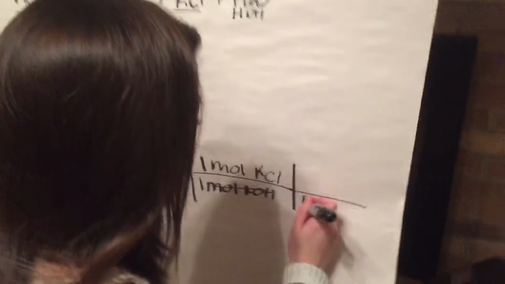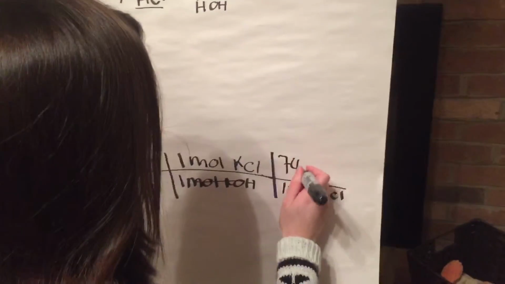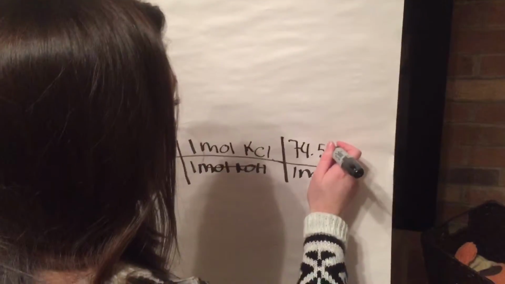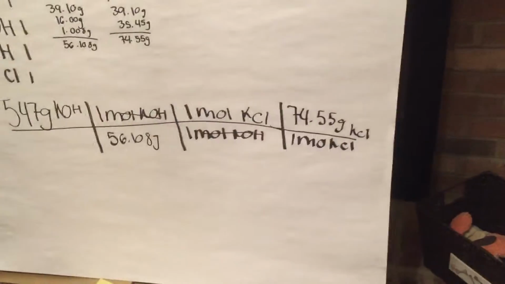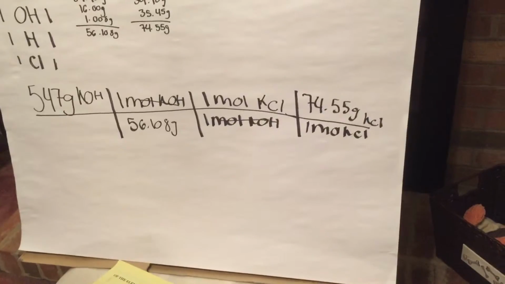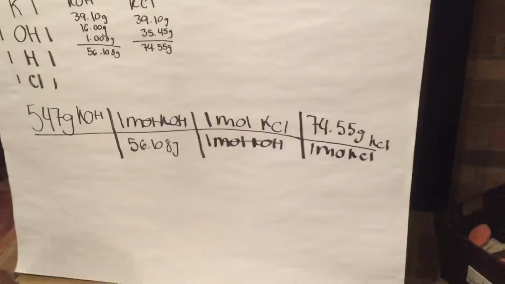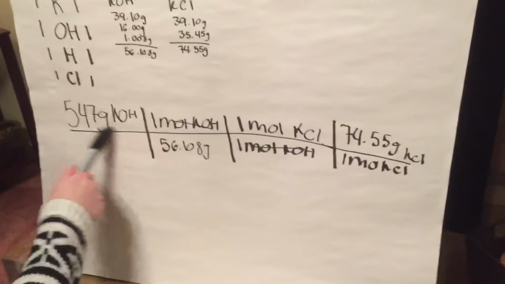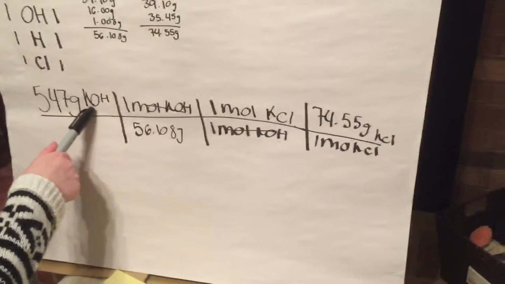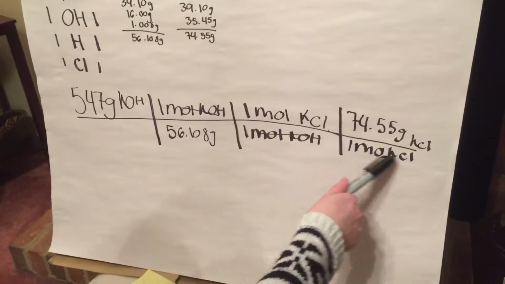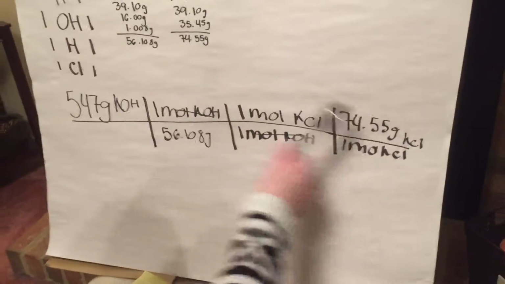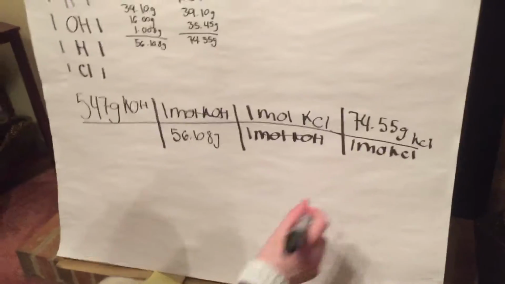So 1 mole of potassium chloride goes on the bottom, and 74.55 grams of potassium chloride goes on the top. Since we started with our given, 547 grams of potassium hydroxide, now we're where we want to end, with grams of potassium chloride. This is where we started, this is where we want to end.